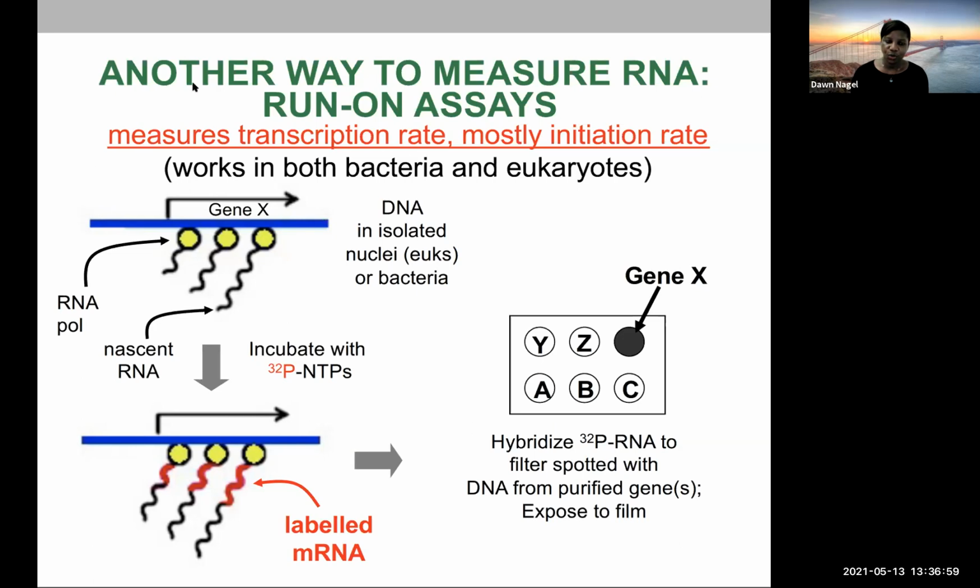So to measure how much has been made, we refer to this as either transcription rate or mostly initiation rate, right? How much RNA has been initiated. And the assay to do that is referred to as a run-on assay or nuclear run-on assay, and that's because you're isolating nuclei.